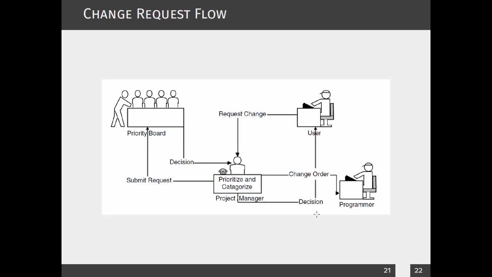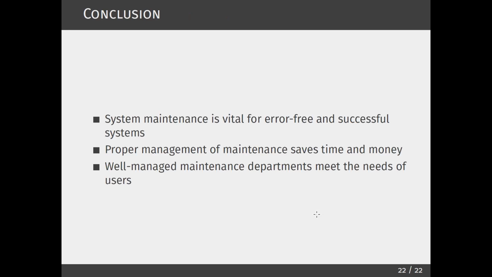Okay, so that's all I have about system maintenance, especially managing or maintaining software systems. Let's conclude what we have covered in today's session. We discussed system maintenance and the importance of maintenance, and error-free operation as a mark of a successful system.